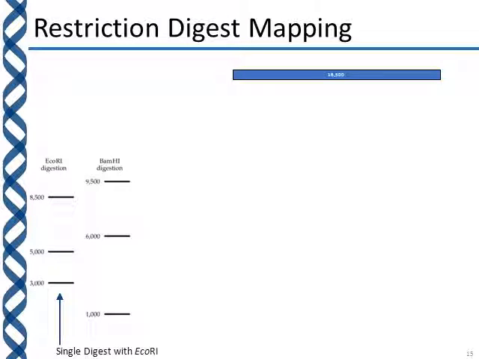So this is a single digest with EcoRI, which yields three fragments of 8,500, 5,000, 3,000. And the single digestion with BamHI again yields three fragments, in this case of 9,500, 6,000, and 1,000.